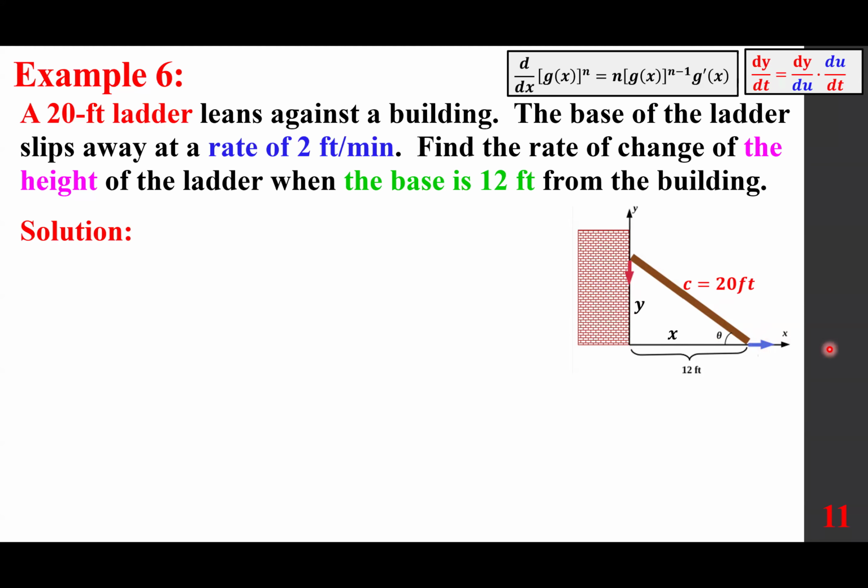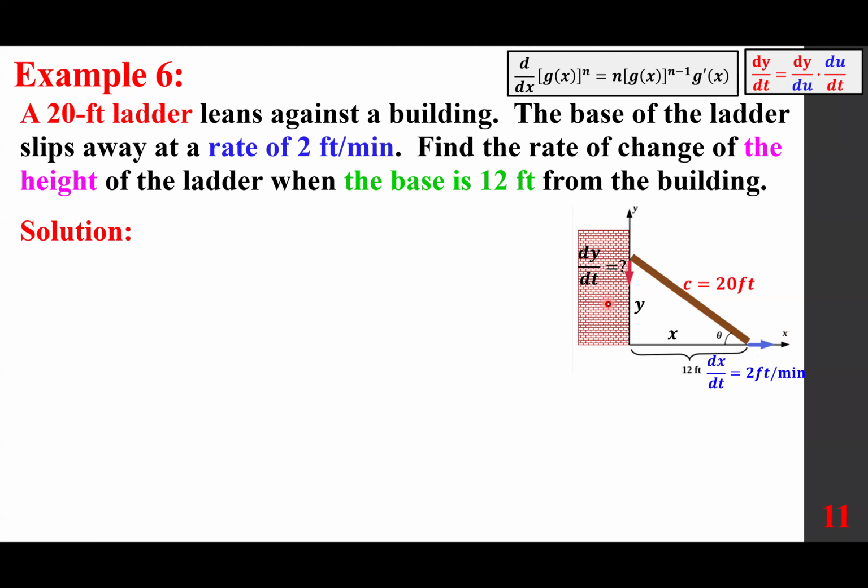As it moves this way, it slips away, creating the speed dx/dt, which is 2 feet per minute. As it moves this way, it comes down this way, creating the speed dy/dt, which we don't know and want to find.